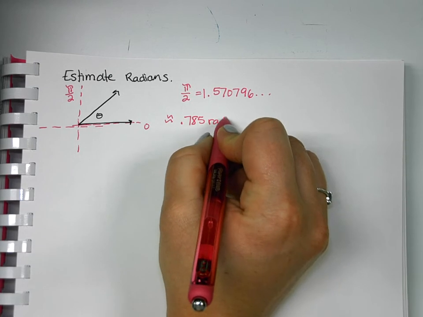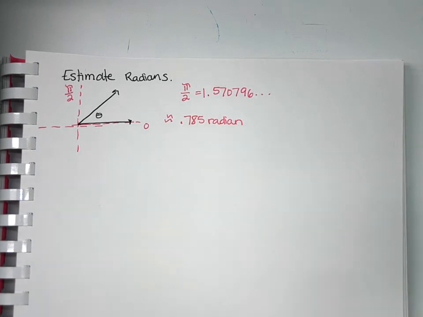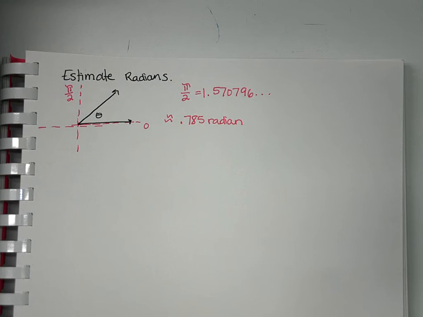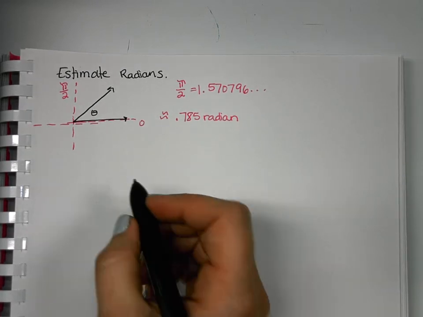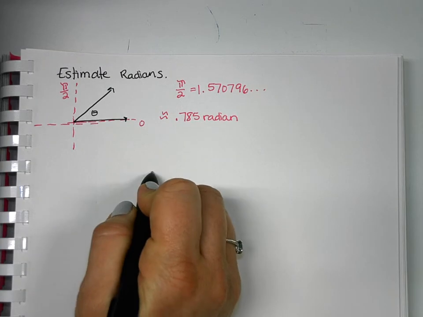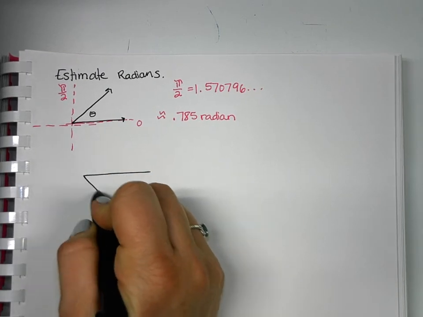So in other words, we're getting a numerical value without pi in it. We're multiplying the pi in there or dividing the pi to get our actual measurements. So if we were to look at, say, one like this in standard position.